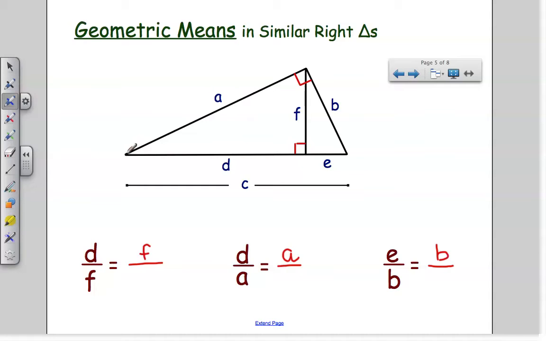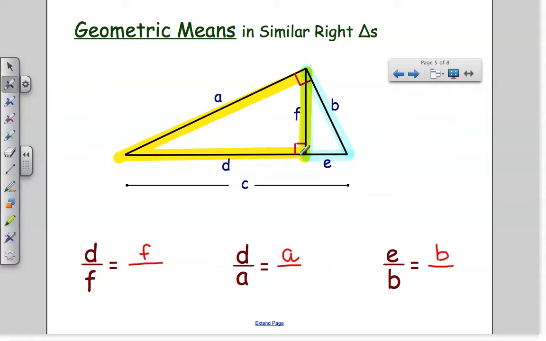And maybe I'll highlight these so I can talk about them. So I can have a yellow triangle, and maybe I'll do a blue triangle. And then the other one we'll just call the big triangle. Okay? So what triangle are D and F both in?